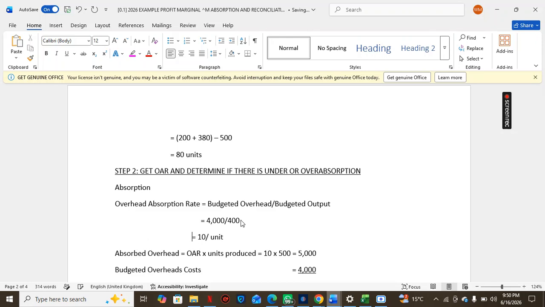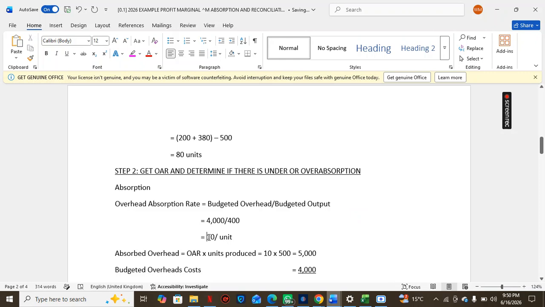Our overhead absorption rate is basically just our fixed overhead cost per unit. So it's 10 euros.